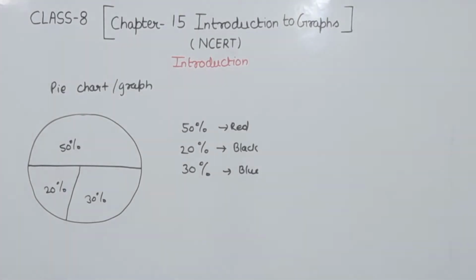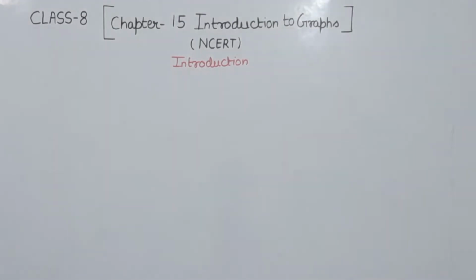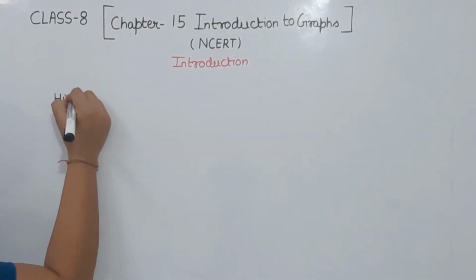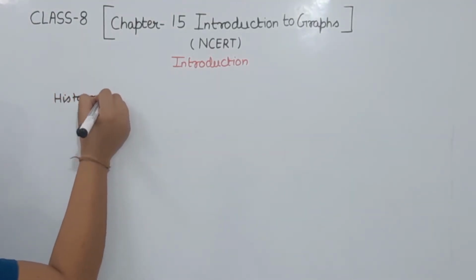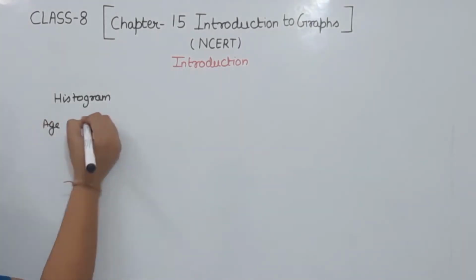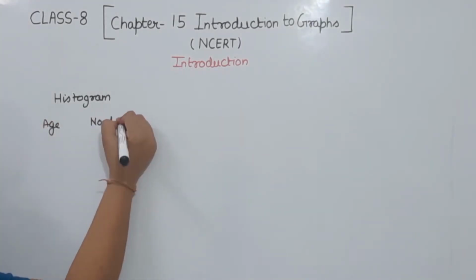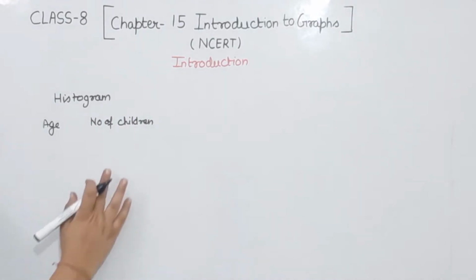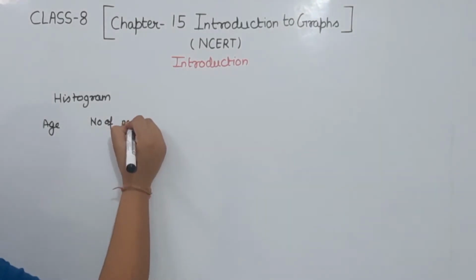Now comes the next one. The next topic is the histogram. We are going to understand what a histogram is, and show it with the help of some values. In this one we will have the age and the number of people.